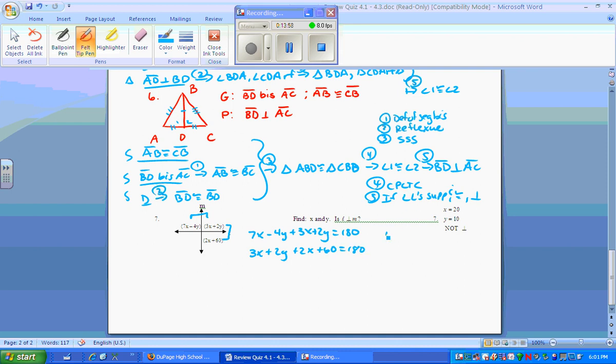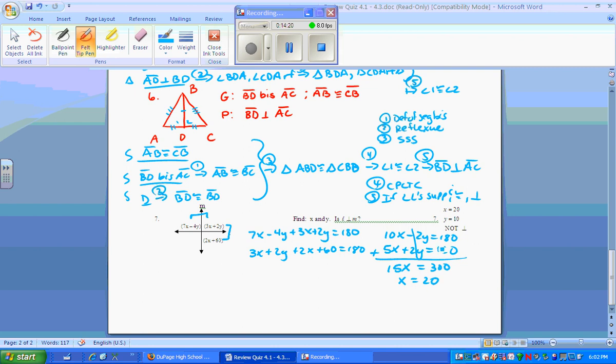So the top equation becomes 10x minus 2y equaling 180, and the bottom one becomes 5x plus 2y equals 120. This works out nicely because the y's already cancel out. 15x is now equal to 300. Divided by 15, x is 20.